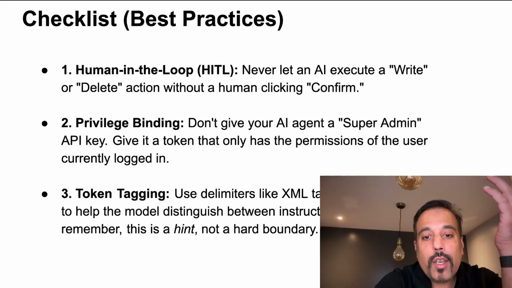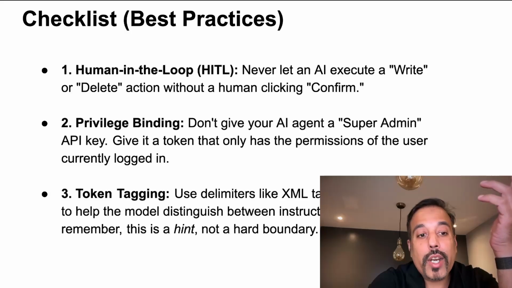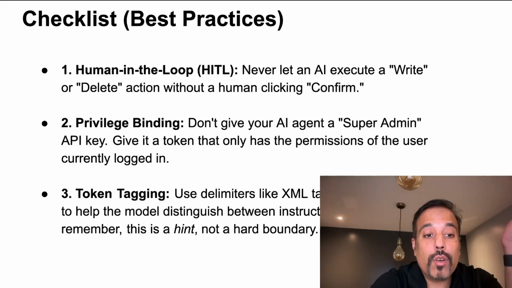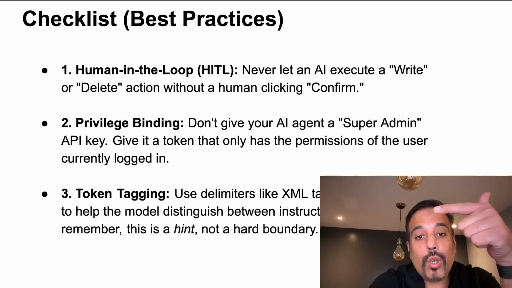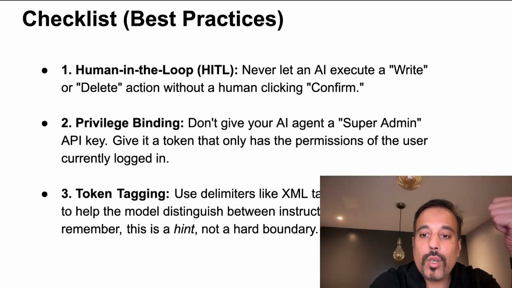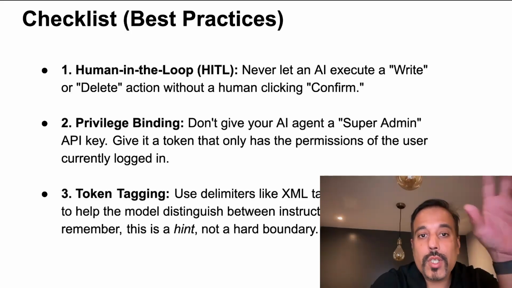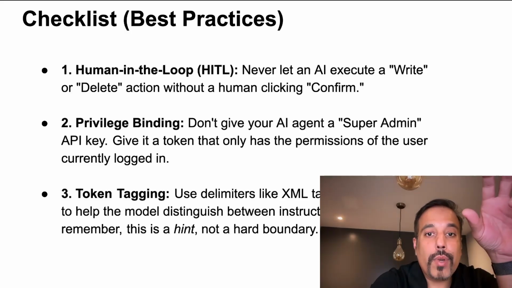Privilege binding: don't give your AI agent a super admin API key. Give it a token that only has the permissions of the user currently logged in. Again, the least privilege concept. You need to authorize every request to make sure the user or the API asking for this information has access to do that.